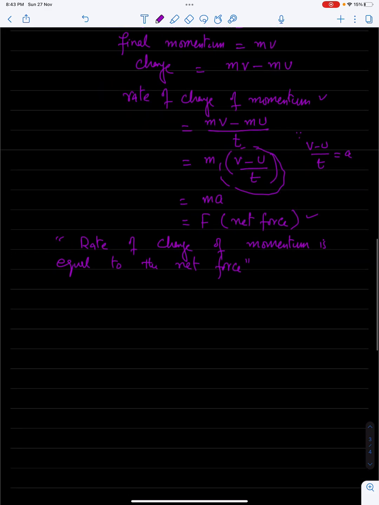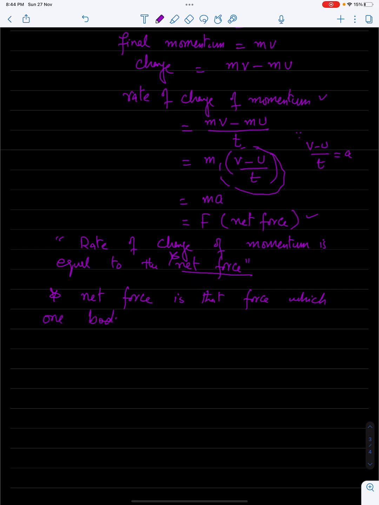So net force is that force, in this case, which one body applies on another during collision. Definitely when bodies collide, both bodies exert force on one another, and we know that those forces are equal and opposite, following Newton's third law of motion.